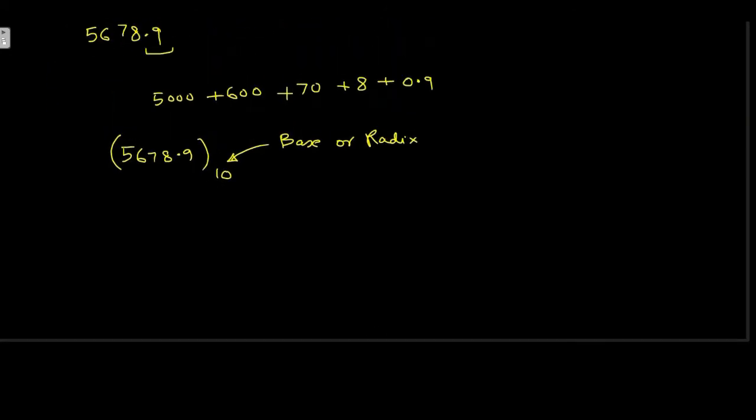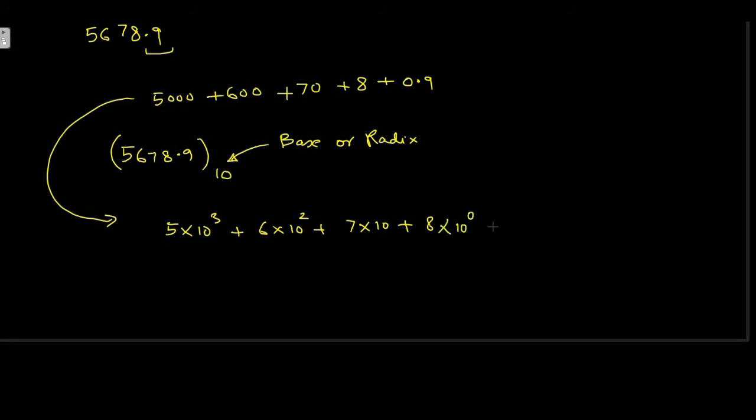Now from here we again write it as 5 into 10 to the power 3 plus 6 into 10 to the power 2 plus 7 into 10 plus 8 into 10 to the power 0, then there is a decimal point, and here 9 into 10 to the power minus 1.